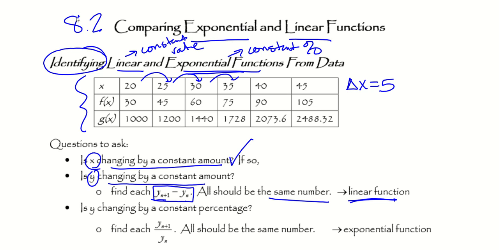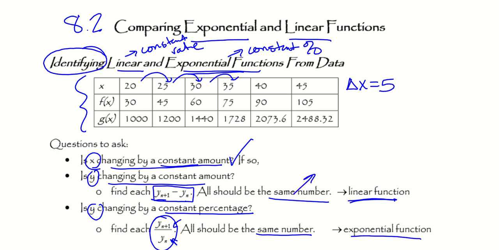If we don't get a constant difference between y's when x changed by a constant amount, then the next question is whether y is changing by a constant percentage. We find that by looking at the ratio, or the quotient, of consecutive y's. We divide a y by its previous y. If that gives us the same number, then we have an exponential function.